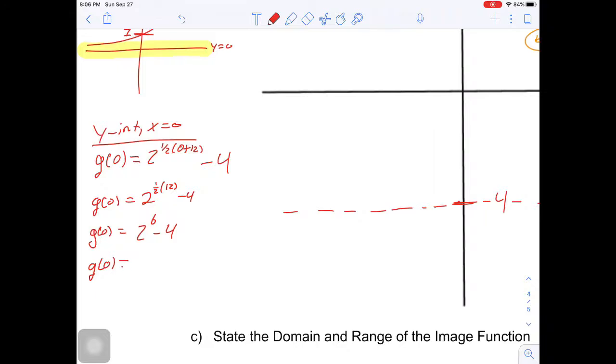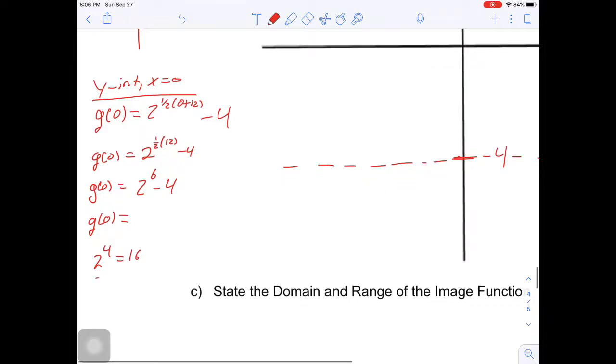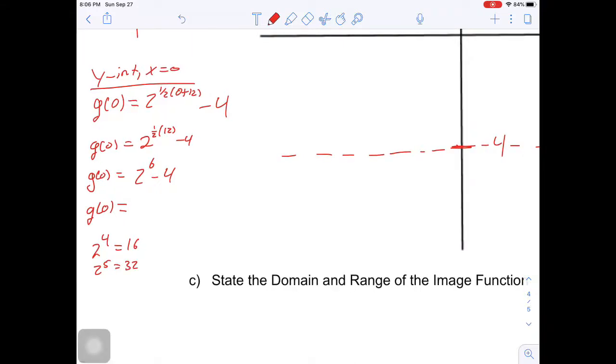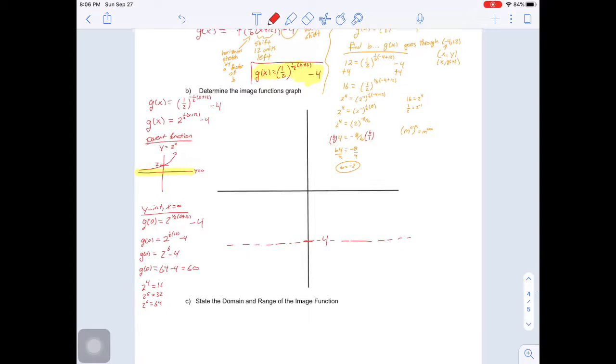Now what is 2 to the power of 6? Well, I know 2 to the power of 4 is 16. That makes 2 to the power of 5 be 32, so 2 to the power of 6 is 64. So this is 64 minus 4, which gives me 60. So we are way up here at 60 for our y-intercept.